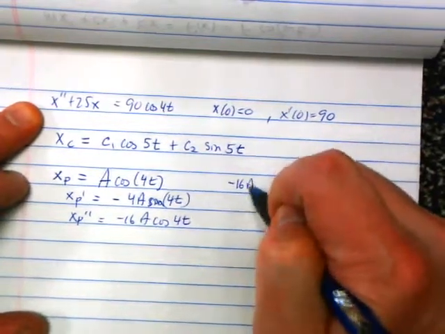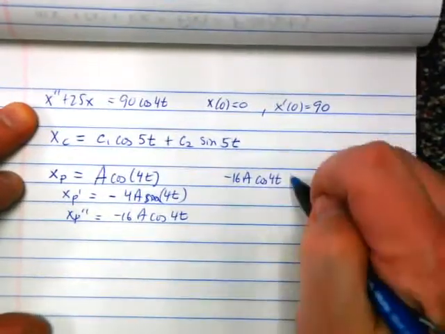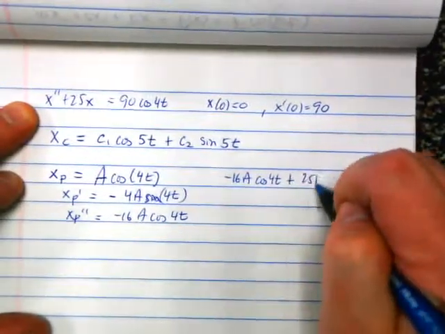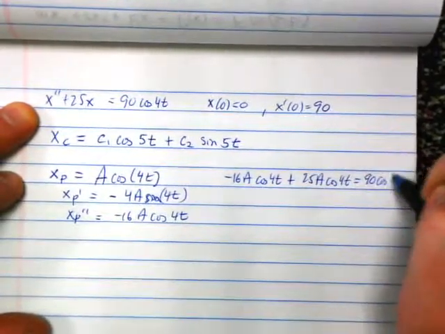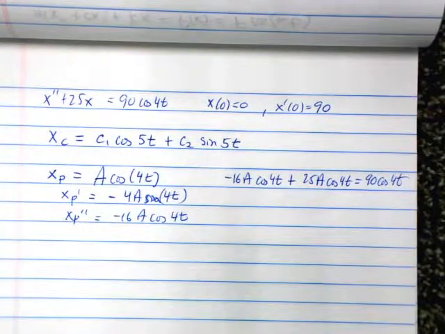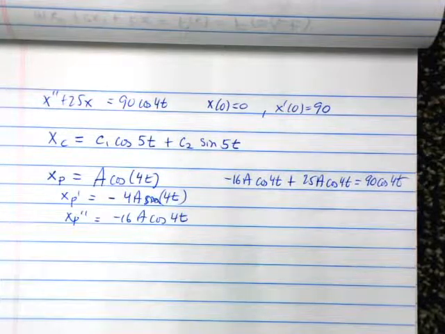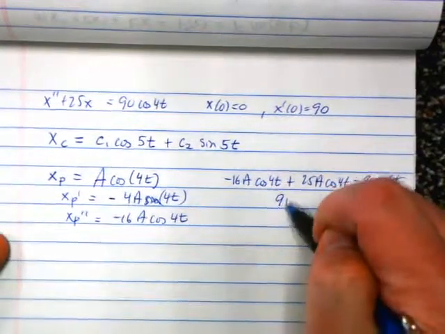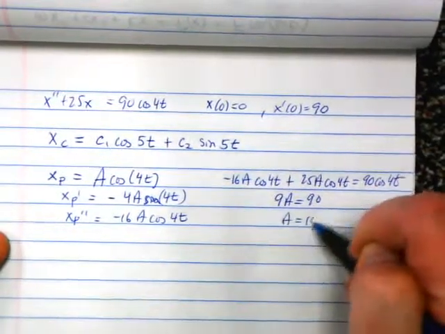Negative 16A cosine 4t plus 25A cosine 4t is 90 cosine 4t. Negative 16 plus 25 is 9, so 9A equals 90. So A is 10.